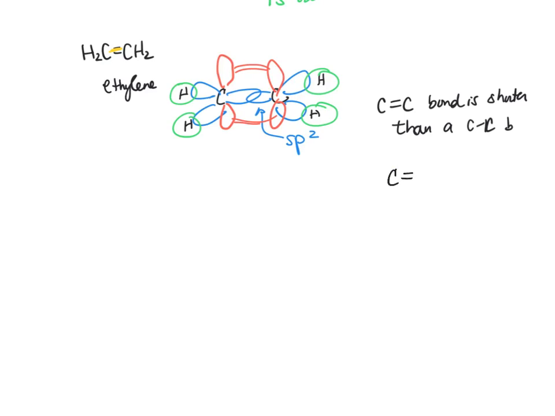Similarly, a carbon triple bond is shorter than a carbon-carbon double bond. And I'm going to skip the molecular orbital image for that because you can find that in your book.